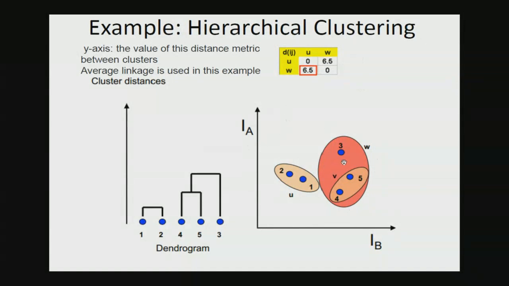Now we end up with 2 clusters, and we rename this one W. And then we can plot data point 3 together with cluster V formed by 4 and 5.